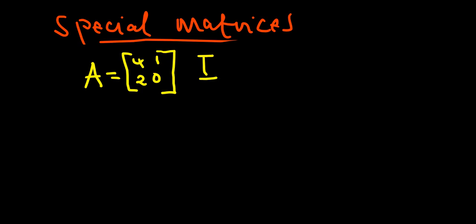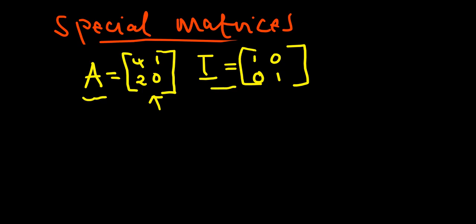The identity matrix should be of the same order as the matrix that you are given. So the identity matrix for a 2 by 2 will just be 1 0 0 1. If you multiply this matrix by the identity, you should always get the same matrix. This identity matrix is simply the 1 of the matrices.